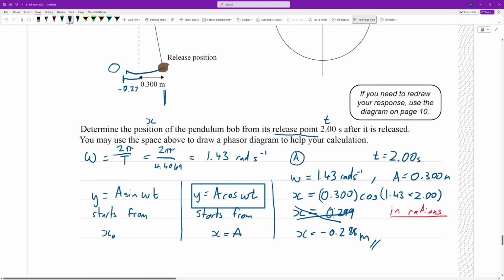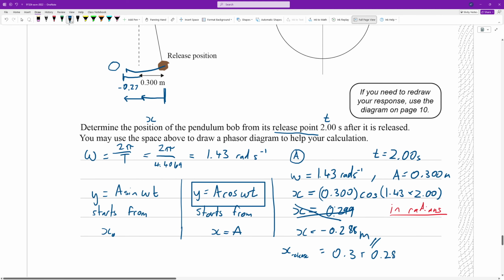Well, if we started here, we went 0.3 meters, and we went a further 0.288 meters, the distance from that release point, so x release would be 0.3 plus 0.288, which is 0.588 meters.